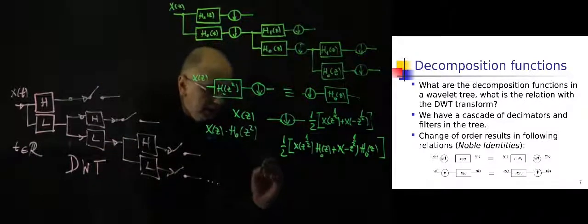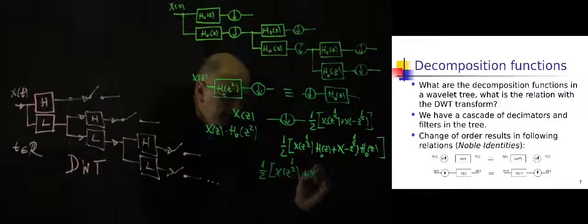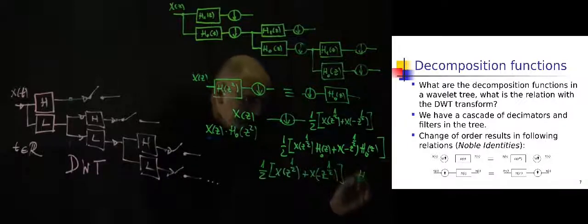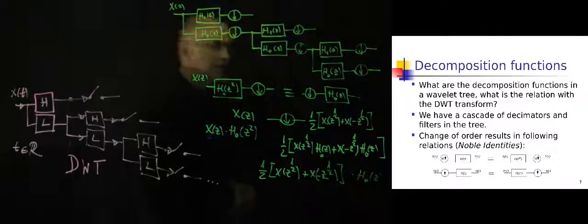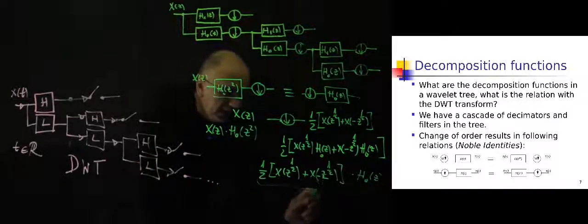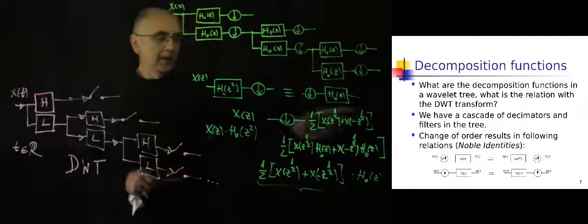We can see that this term is equal in both terms, so we can just extract it. And what we have is 1/2 times H0 of z. We can see easily that this term corresponds to what we had at the beginning.